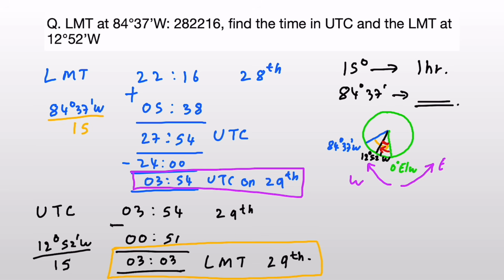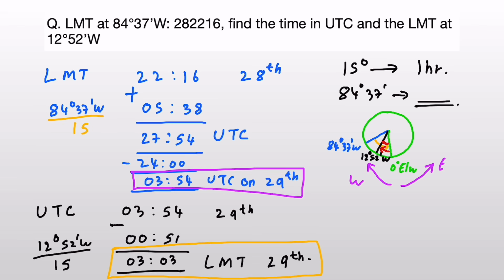It may look very complex, but if you go slow, all this is very basic. All they're talking about is the angular difference, and as you find the angular difference, you just divide it by 15 to find the difference in hours, because 15 degrees is covered in 1 hour by the Earth.